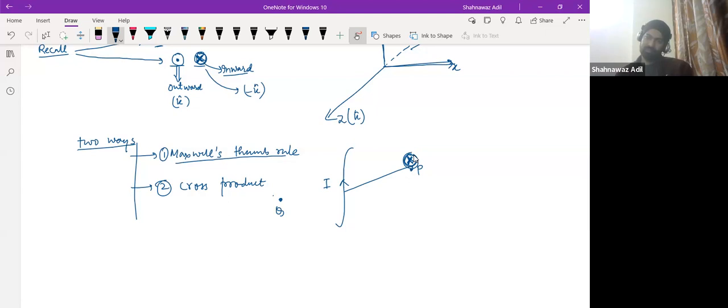Sir, on the left hand side, if I use my left hand. No, no, this is right hand thumb, right? Yes, sir. So right hand thumb. So you won't break your hand, right? This would be this way.